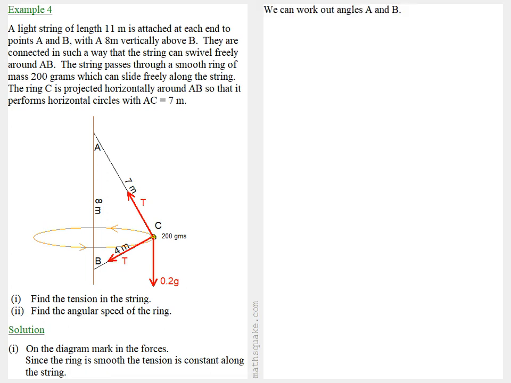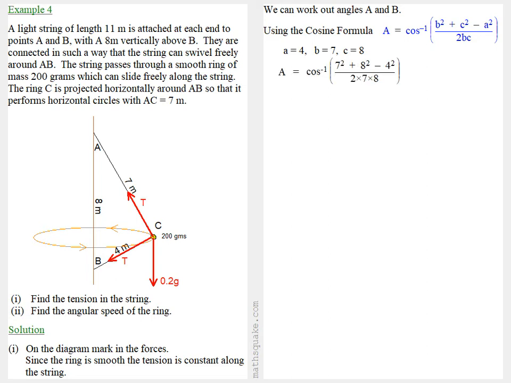Now we can work out the angles at A and B. So using the cosine formula, we get the angle A is equal to the inverse cosine of b squared plus c squared minus a squared all over 2bc, where a is 4, b is 7 and c is 8.